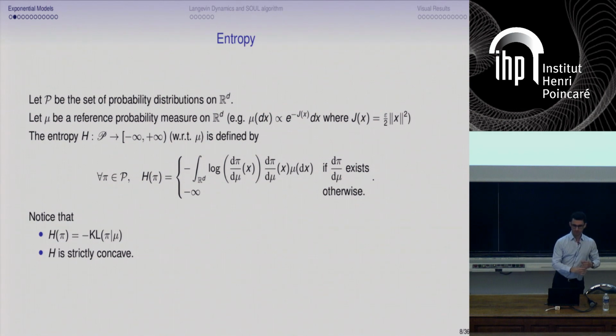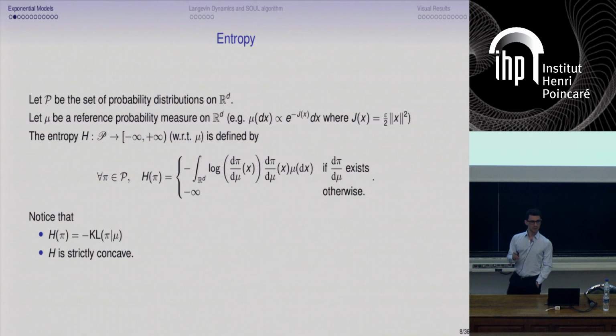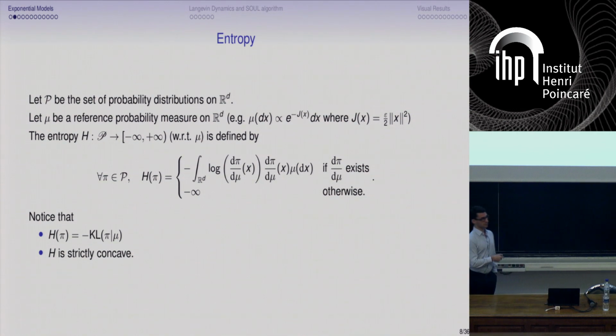So first of all, we define the entropy in the quite classical way. P is a set of probability distributions on the images. We take the entropy with respect to a reference measure mu, which in the applications in the continuous framework will be a Gaussian distribution. So J here will act as a regularizer.